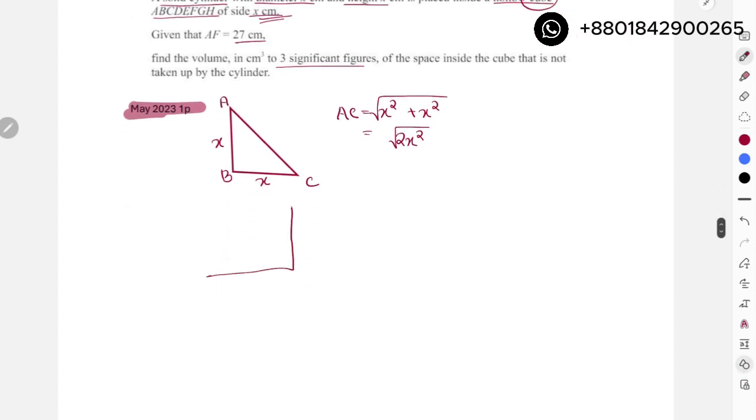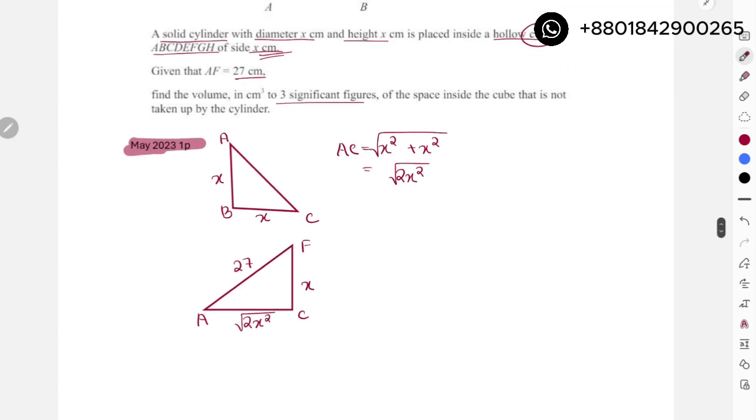So now this is how this triangle AFC will look. AF was already given as 27 centimeters, FC is x and this AC is root 2x squared. Now I can use the Pythagoras theorem again to find the value of x.